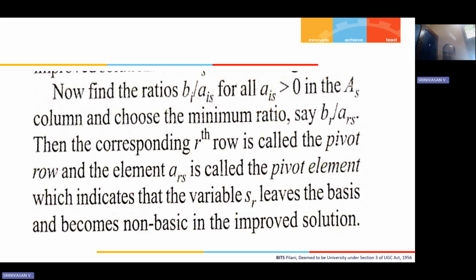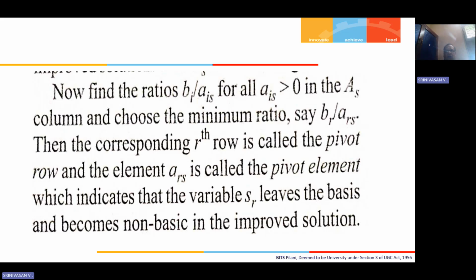Remember, you should only consider those Ais which are positive. Do not take equal to 0 or less than 0. You take only positive Ais greater than 0 and divide Bi by such positive coefficient in that pivot column, and choose the minimum ratio.